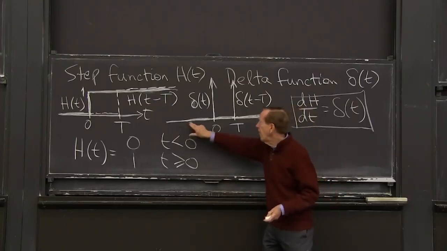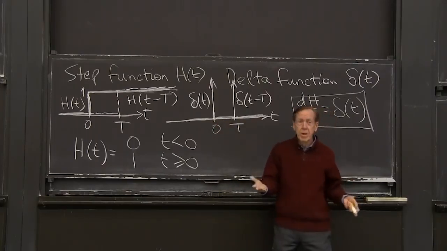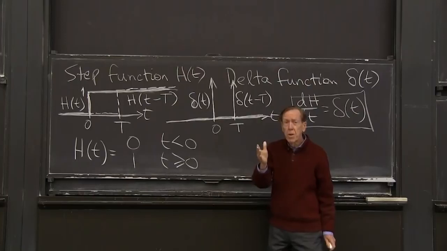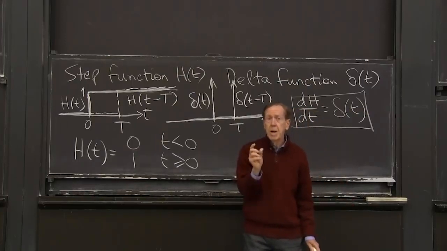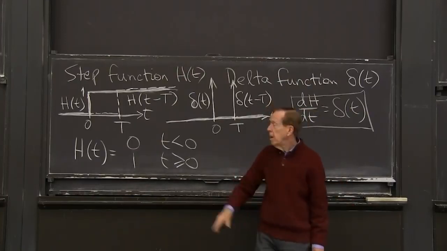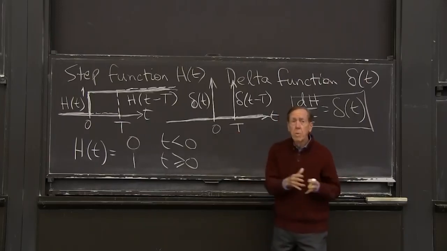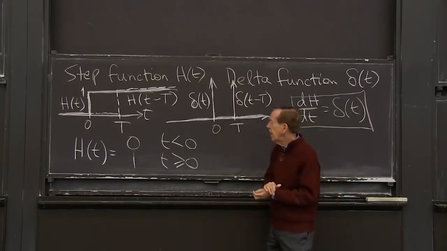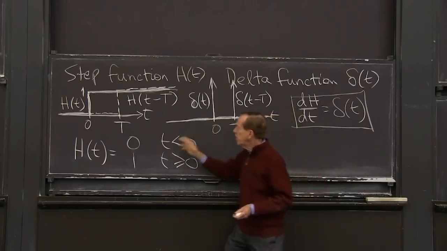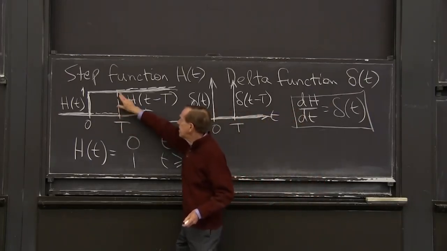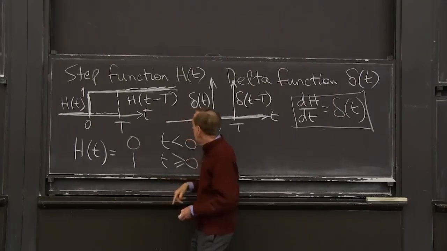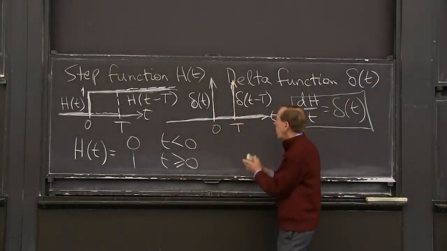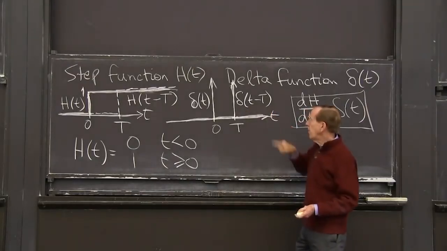It's perfect for all the uninteresting, boring part, but at the moment of truth, when something happens in an instant, we need to say more, not just that it's infinite. And again, if it's shifted, then the infinite slope happens at t equal to capital T, so the infinity is just shifted over, and that'd be the delta function there.